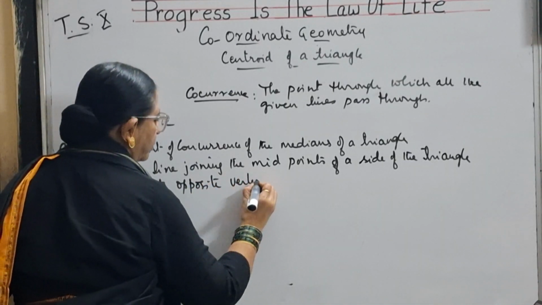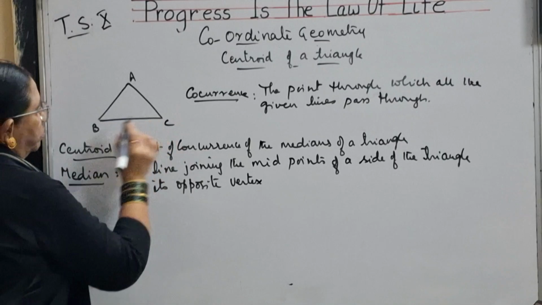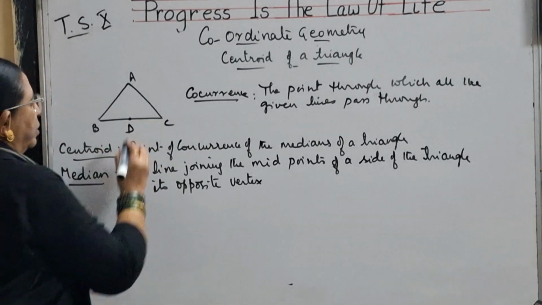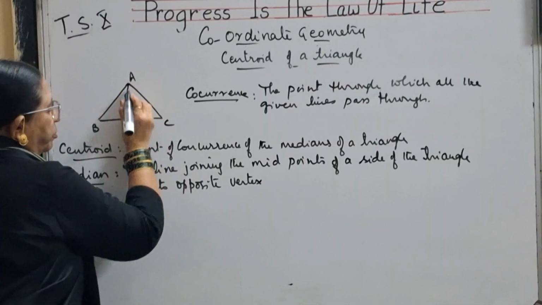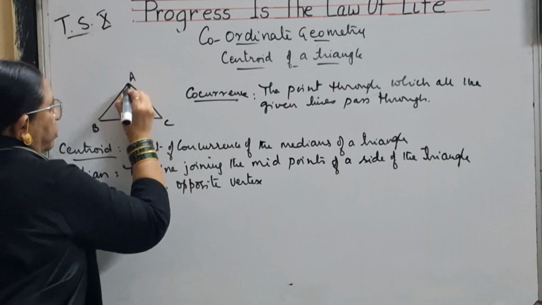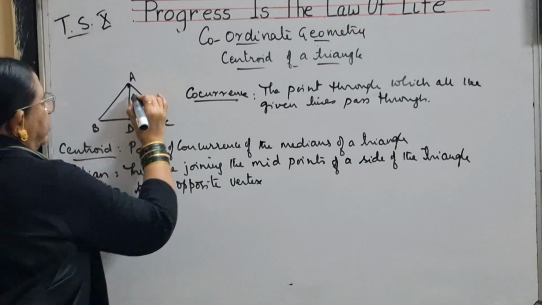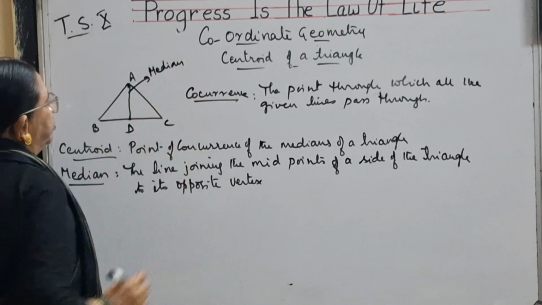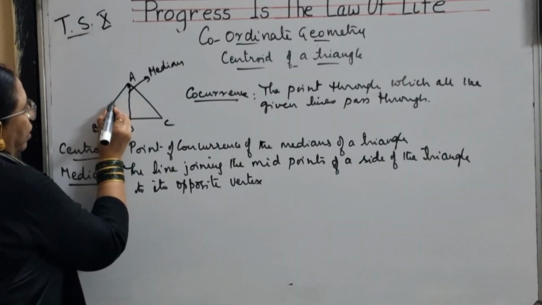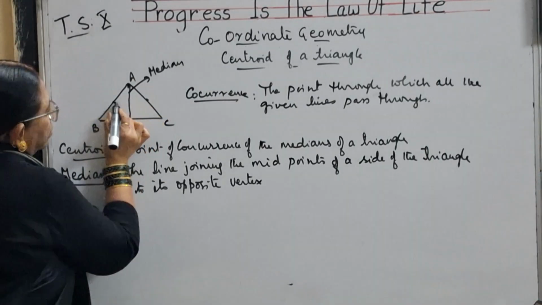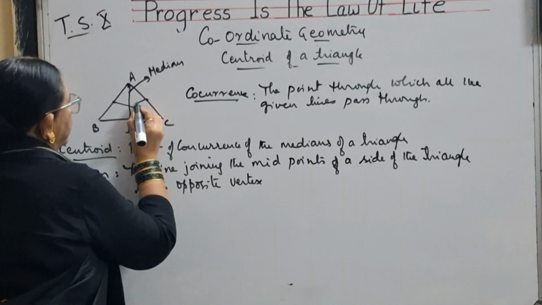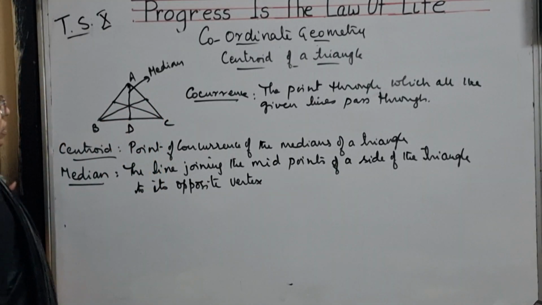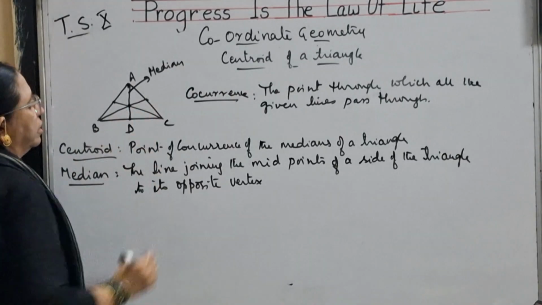Suppose I have taken BC as a side. D is the midpoint, and the opposite vertex is A. If I join A and D, this is called a median. Because a triangle has three sides, there are three medians, and all the three medians intersect at a point.